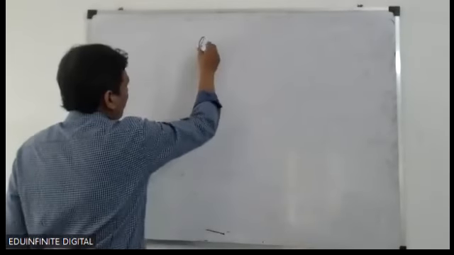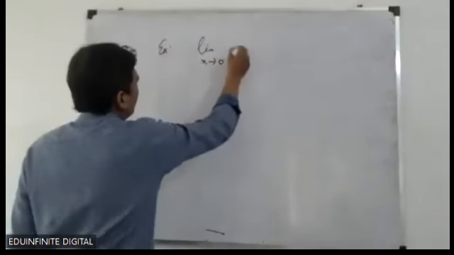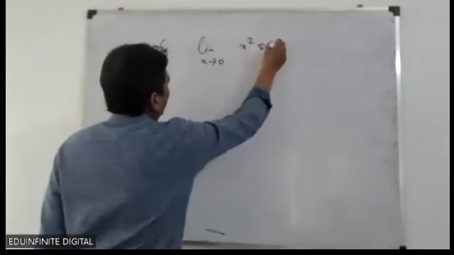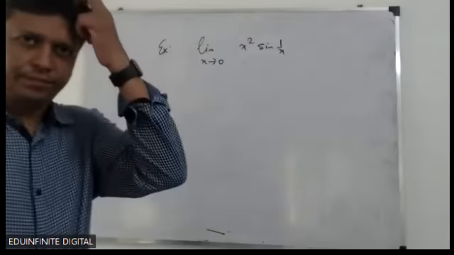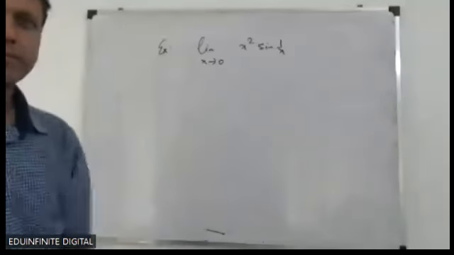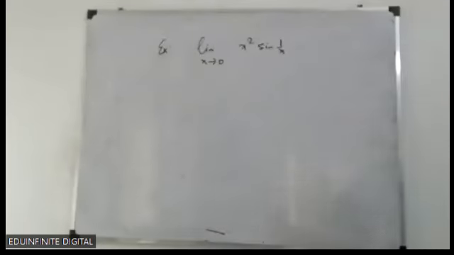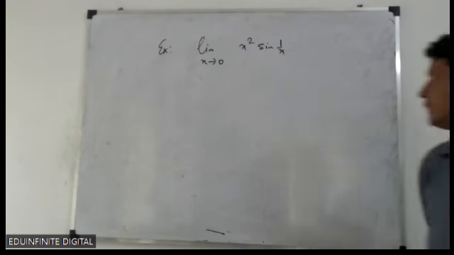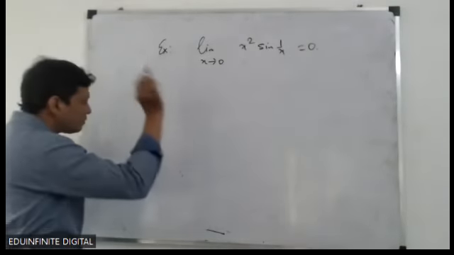Another type of problem. Suppose limit x tends to 0 of x squared sine 1 by x. What is the limit of this function? Any guess? This will be 0. Why?